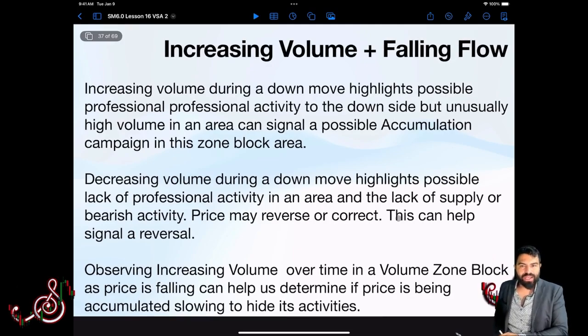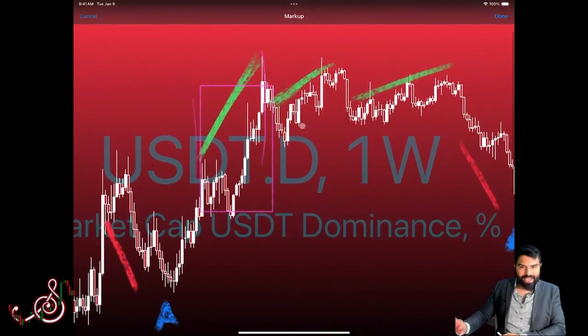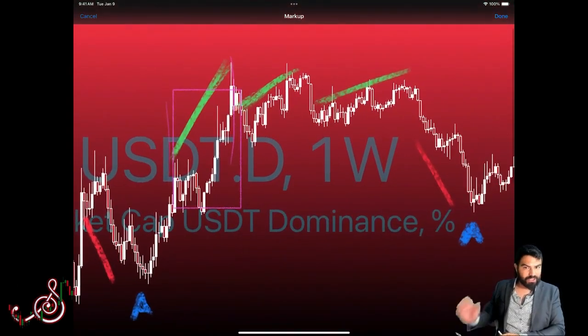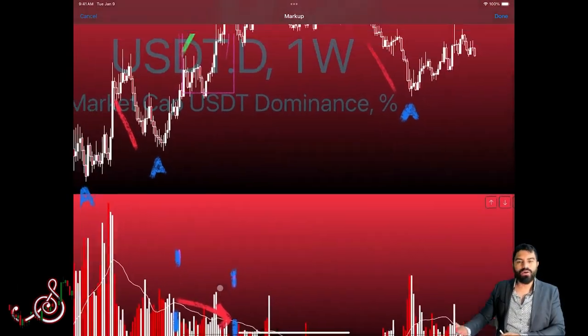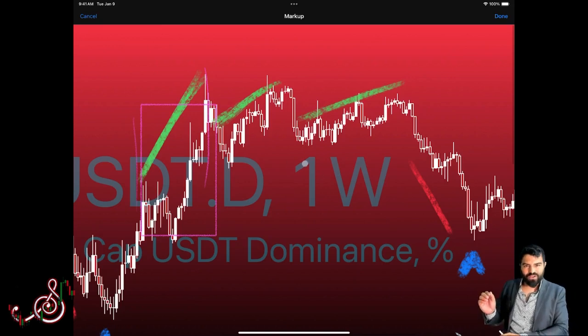Price may reverse or correct. This can help signal a reversal. Are they really in an ad campaign to sell or distribute this at the moment? The answer is no. But remember, without professional involvement, prices can't sustain this.